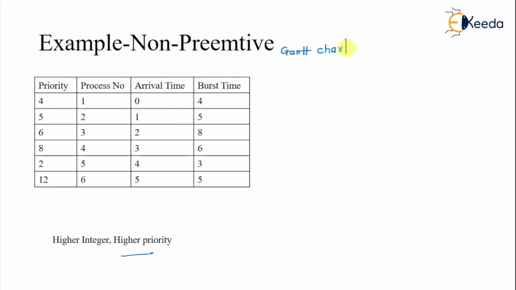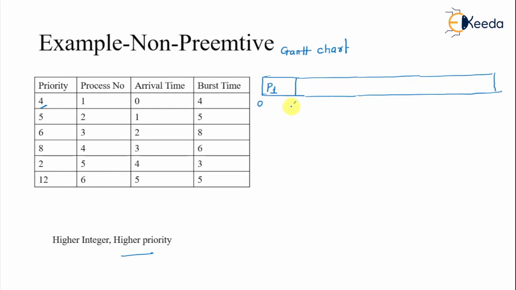So let's have a Gantt chart for this. Since it is non-preemptive, we only have to consider, at the given moment, which process has the highest priority. At instance 0 we have only one process, P1, with a priority of 4, and I can't preempt it, so it will run up to 4.